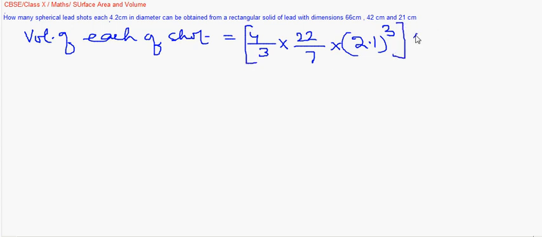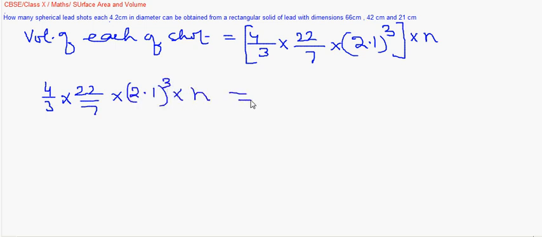So the total volume will be n into volume of each of these shots. This will be equal to the volume of lead in the rectangular solid, which is length into breadth into height. So 4 by 3 into 22 by 7 into 2.1 whole cube multiplied by n should be equal to length into breadth into height.